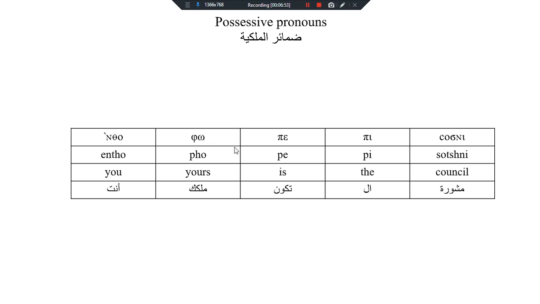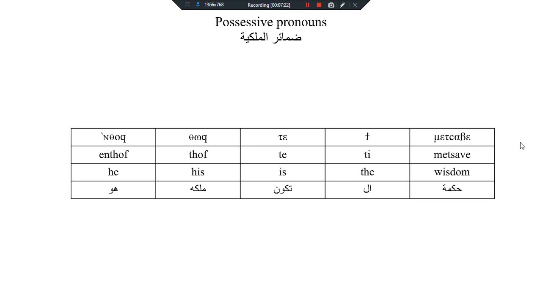Fo for feminine means yours. Fo pe pisuteshni, yours is the council. So te timitsave, yours is the wisdom. Nu ne nishiri, yours are the children. It has to do with his. We say fof pe pisuteshni, his is the council.